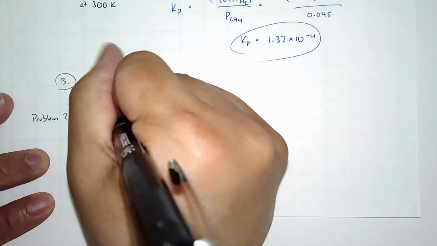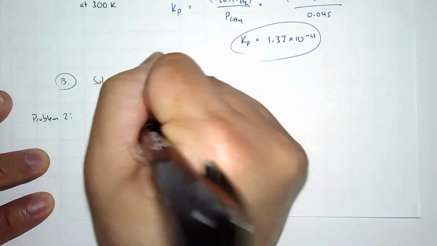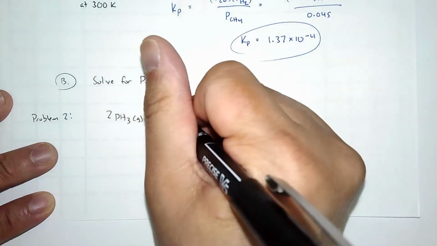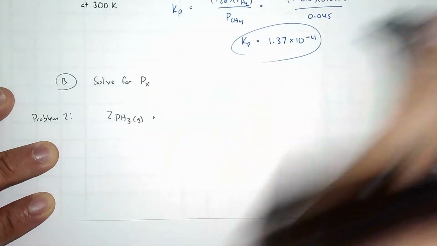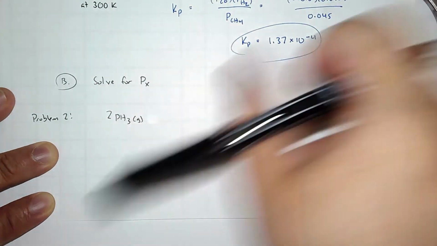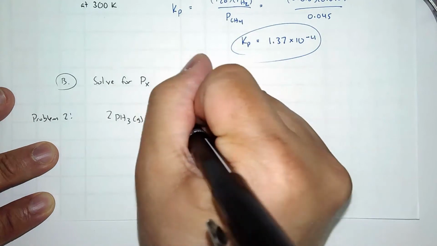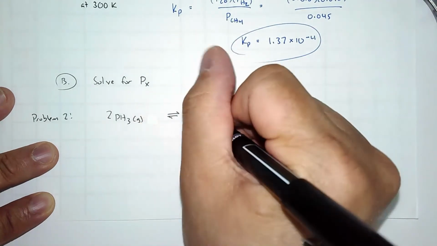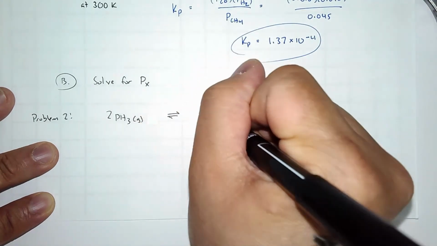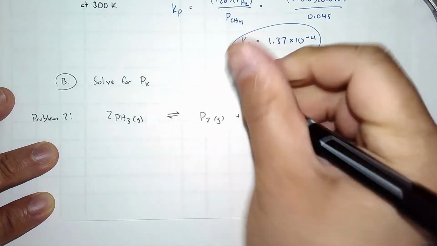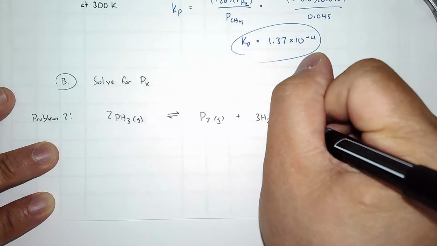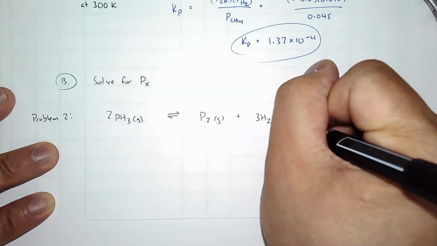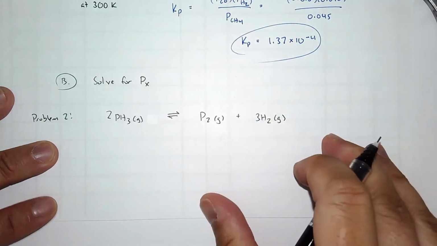2PH3 gas, and that's all we need. Somehow those two molecules are going to combine to make a P2 gas, plus 3 moles of H2 gas.